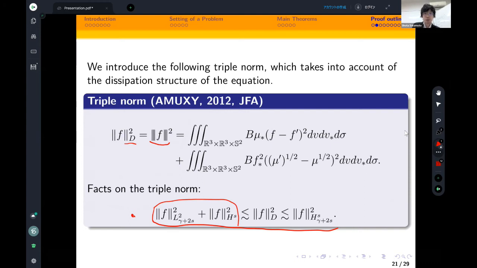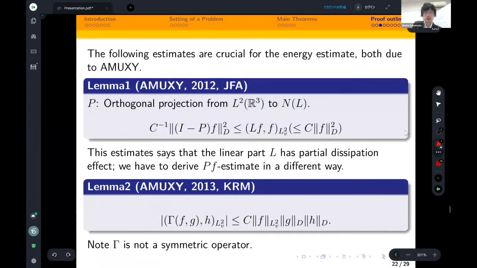So this triple norm is invented to capture the subtle nature of the difference between these two weighted function spaces. And so how do we use this triple norm? Amixi also invented very useful lemmas.